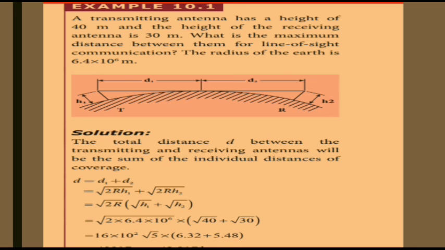So we have to take the distance d. The distance with radius R and height h is root of 2Rh. Therefore d is equal to d1 plus d2.